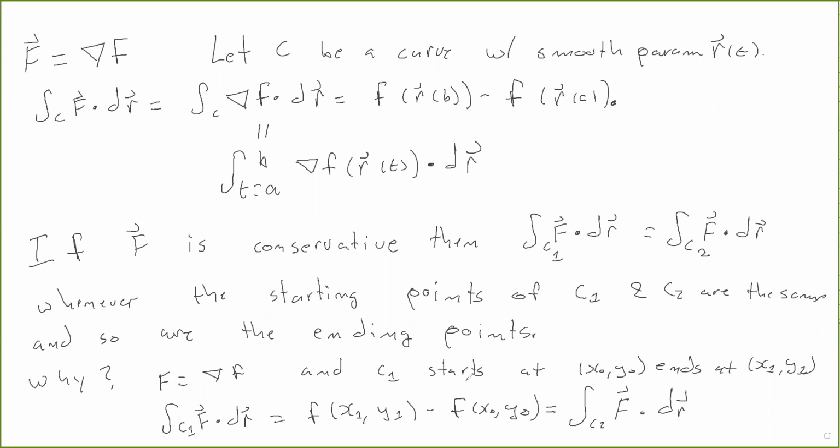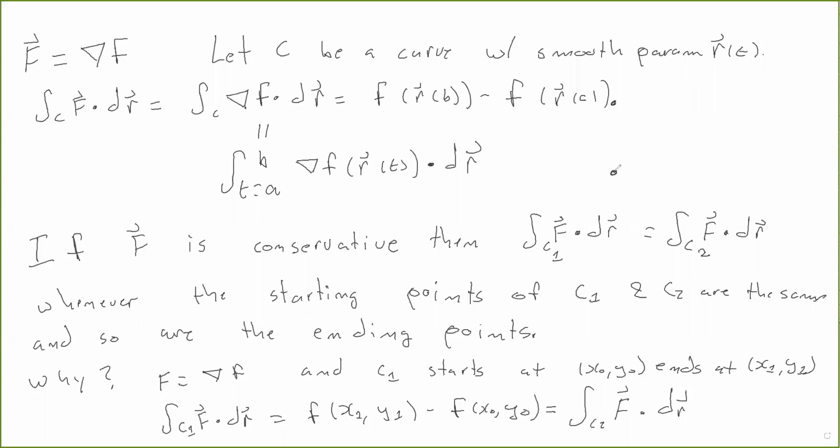Okay, so what this tells us is that whenever F is a conservative vector field, if you have two curves with the same starting point and ending point, then the two line integrals are equal. So in other words, the path that you take doesn't matter.